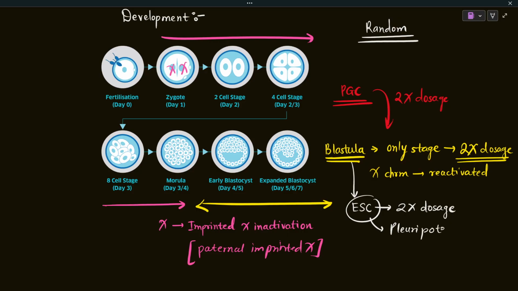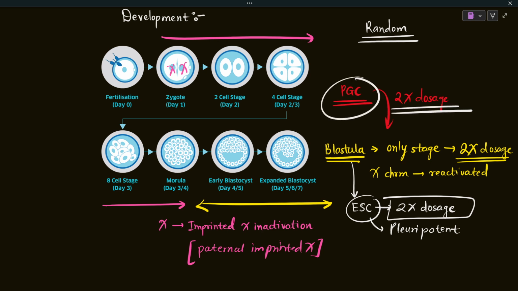So it was seen that pluripotency is somehow related to 2X dosage, because primordial germ cells can also tolerate 2X dosage, and the embryonic stem cells, which are pluripotent, can also tolerate the 2X chromosome dosage. So pluripotency and both X chromosomes being active are somehow related. We will discuss this in detail later, but this is not the topic of focus for today. The take home message is that the blastula is the only stage where 2X dosage can be tolerated.